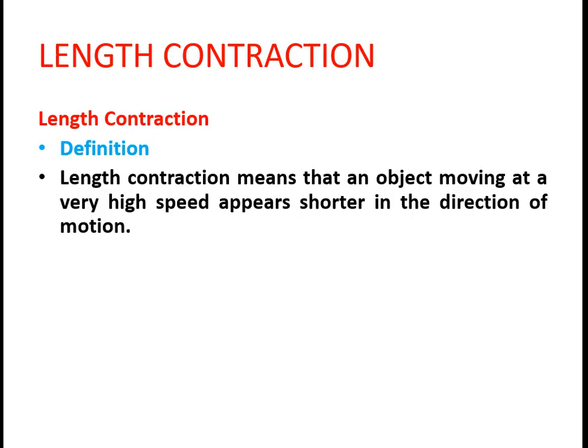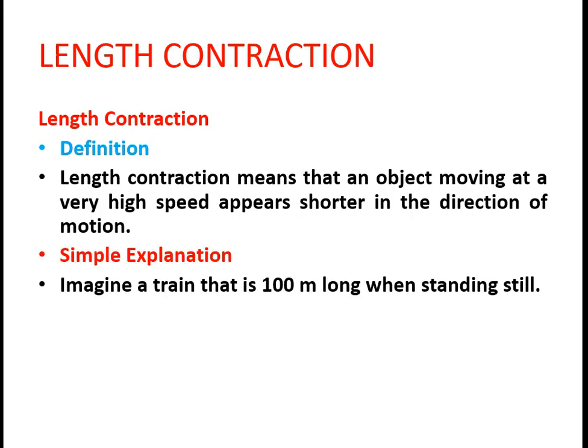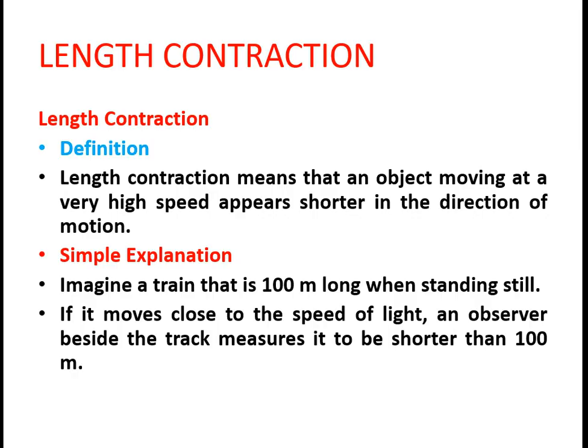Simple explanation: imagine a train that is 100 meters long when standing. If it moves close to the speed of light, an observer beside the track measures it to be shorter than 100 meters. That was what I was trying to say.